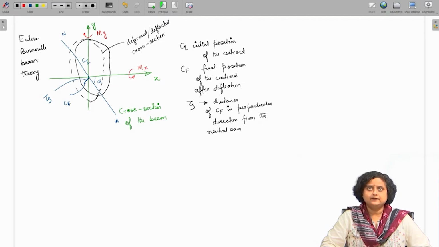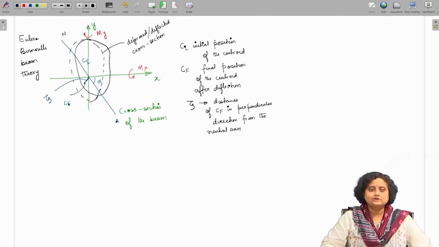Let me reiterate: due to the deflection, the centroid will move to a new position, and this position will be in a direction perpendicular to the neutral axis. CF is the new position of the centroid, and z is the perpendicular distance of the new position CF from the neutral axis.